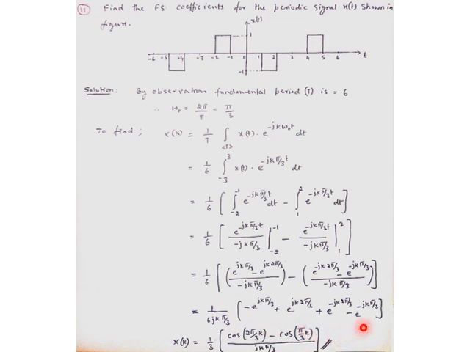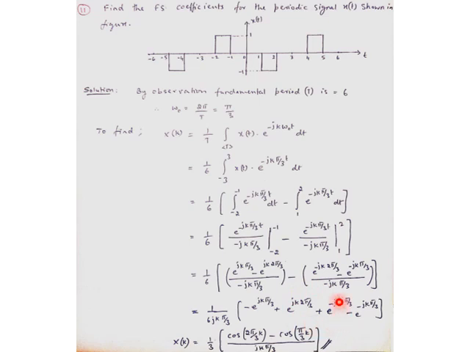The same way for the second term, the second set of terms: take the minus outside, and what remains is e to the power jk pi by 3 plus e to the power minus jk pi by 3. If I divide by 2 and multiply by 2, the 2 is distributed to these two sets.